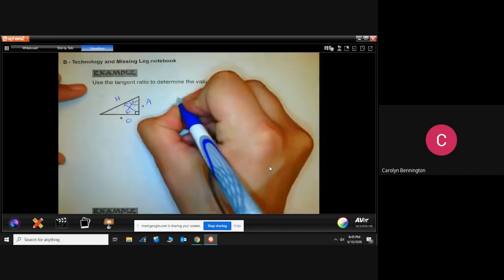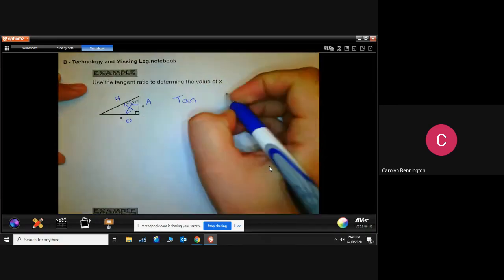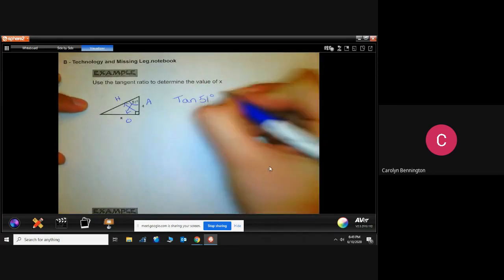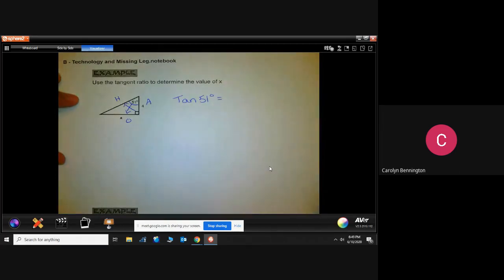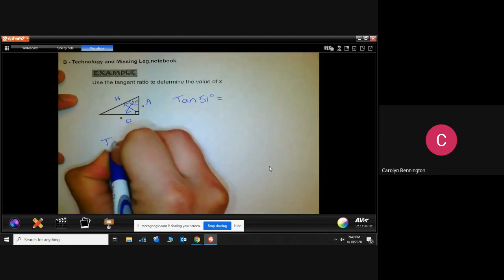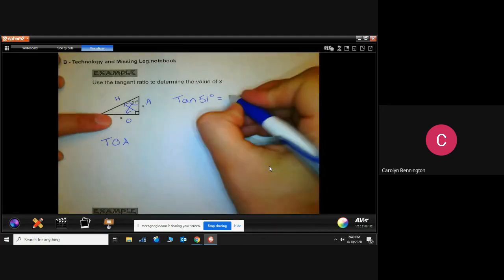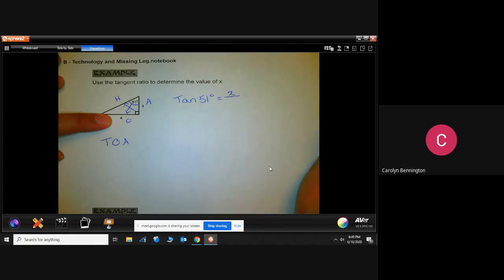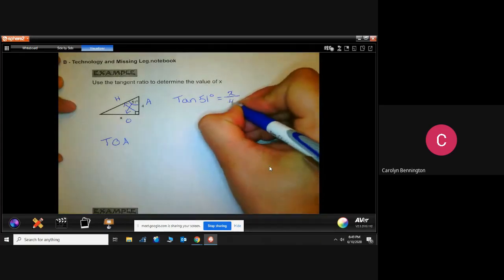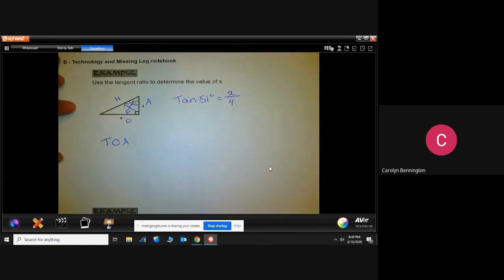So our tangent ratio is what we're using. So we'll have tan of our angle, so tan of 51 degrees. And remember from SOHCAHTOA, tan uses the TOA part. So tan is opposite over adjacent. So our opposite side is x. Our adjacent side is 4.